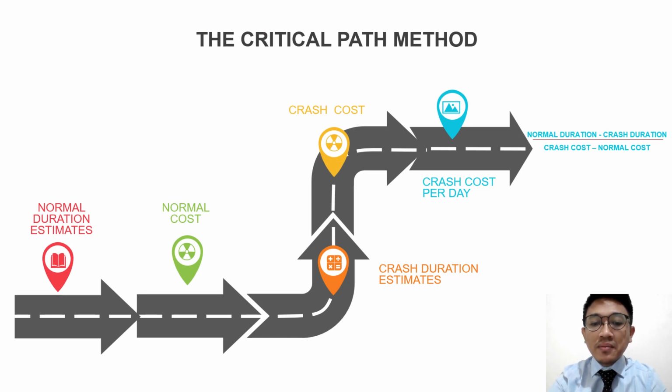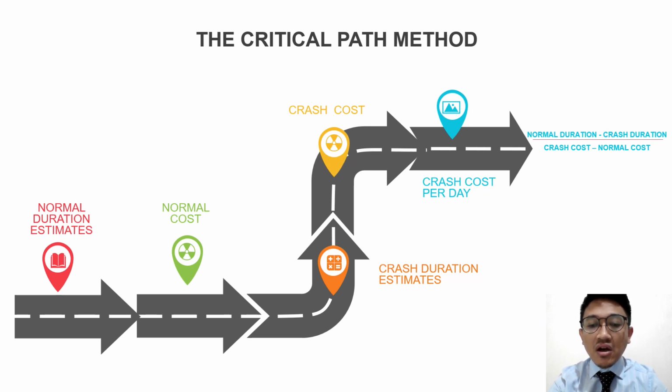The critical path method, or CPM, is a powerful tool in project management used to schedule, analyze, and manage complex projects. It involves several key components, primarily focusing on time and cost estimations. Firstly, CPM begins with normal duration estimates for each activity within a project.